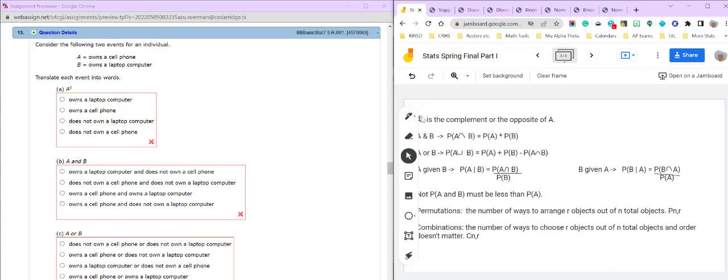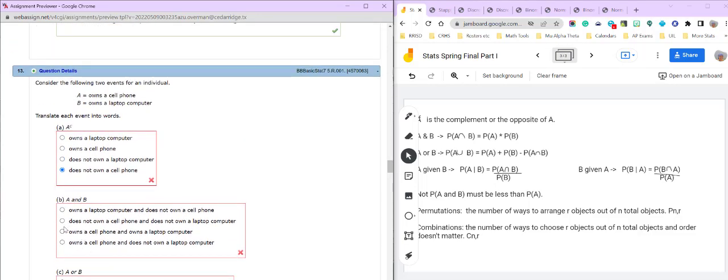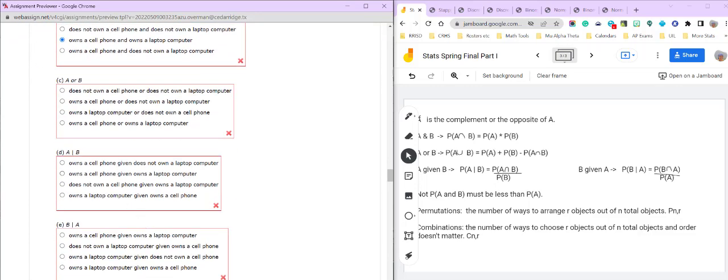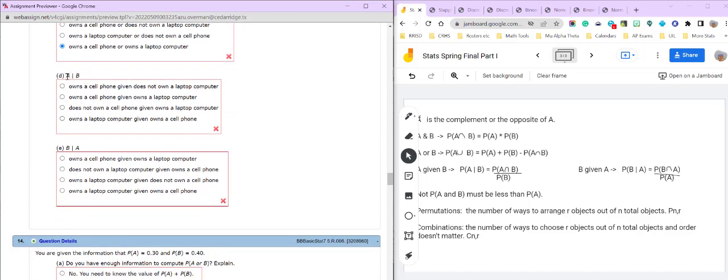Remember that A^C is the complement or the opposite of A, so it does not own a cell phone. So you would take A and put a not in there. A and B means both of these are true, owns a cell phone and a laptop. And A or B owns a cell phone or a laptop. A given B owns a cell phone given that they own a laptop.